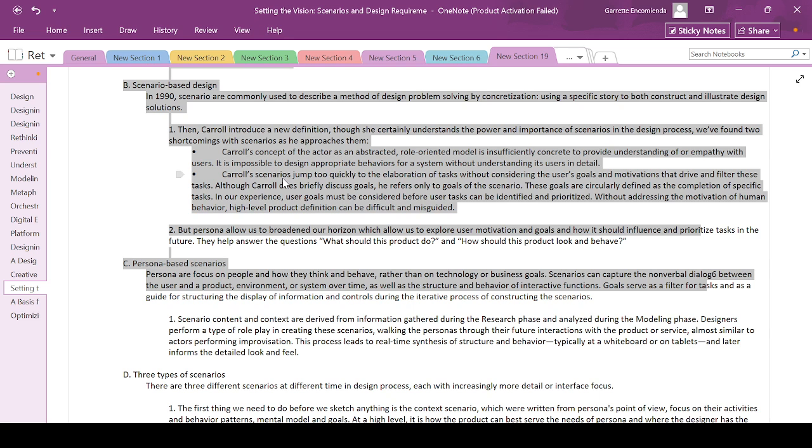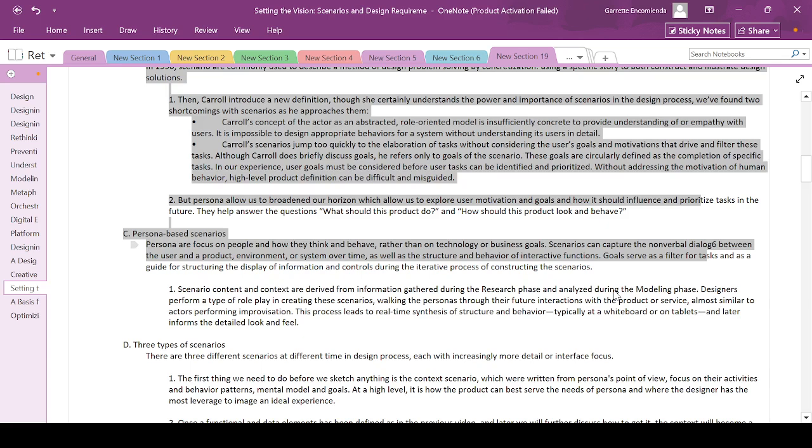Carroll's scenarios jump too quickly to the elaboration of tasks without considering the user's goals and motivations that drive and filter these tasks. Although he does briefly discuss goals, he refers only to goals of the scenario. These goals are circularly defined as the completion of specific tasks.